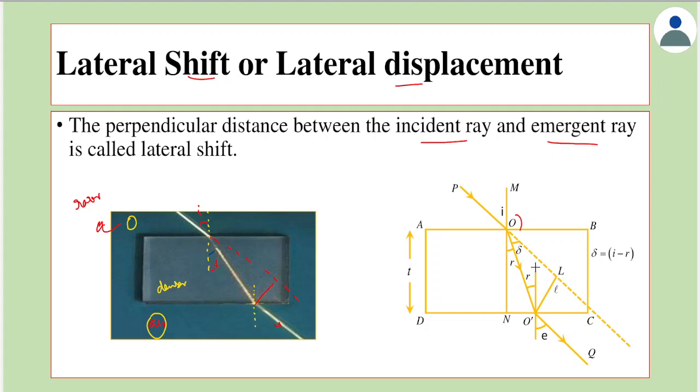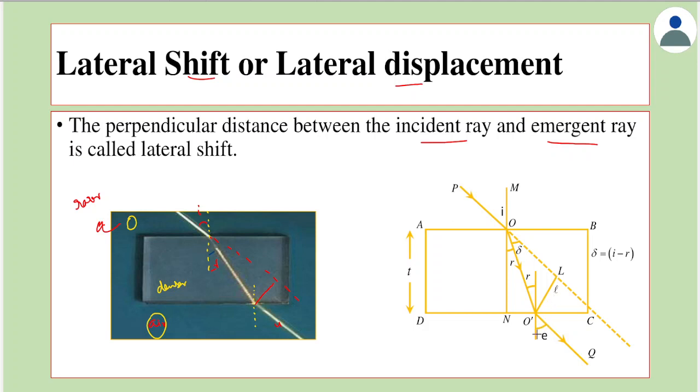But for the entire system, PO is called the incident ray, OO dash is called the refracted ray, and O dash Q is called the emergent ray. Emergent ray means the ray which finally comes out of the system. In this case, EQ is the emergent ray.